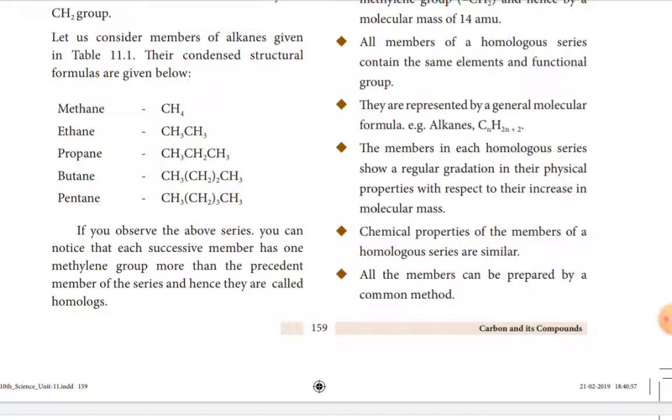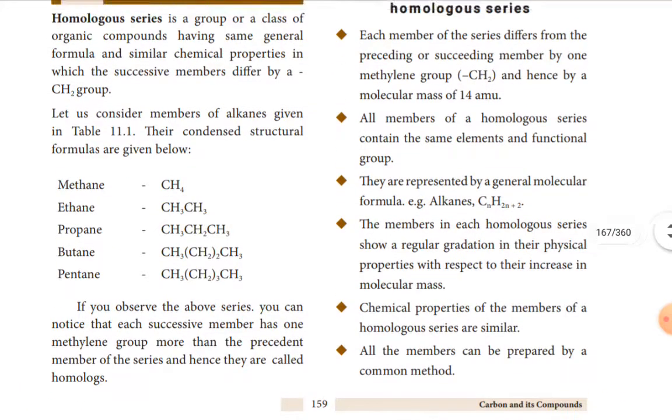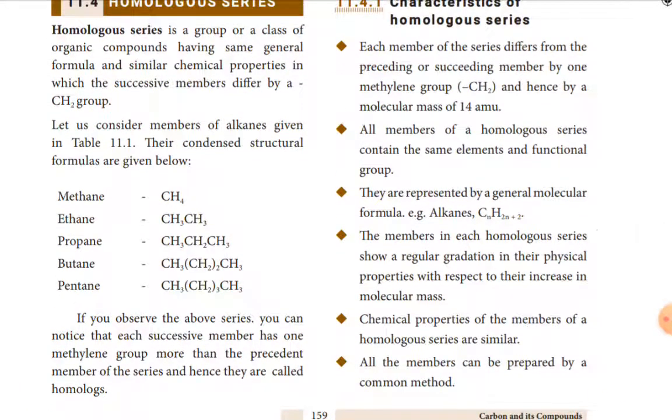If you see the difference between two successive members, you can identify that one methylene group will be the difference. Methylene formula is CH2. The atomic mass of carbon is 12, and hydrogen is 1, with two atoms, so 2 into 1 is 2.